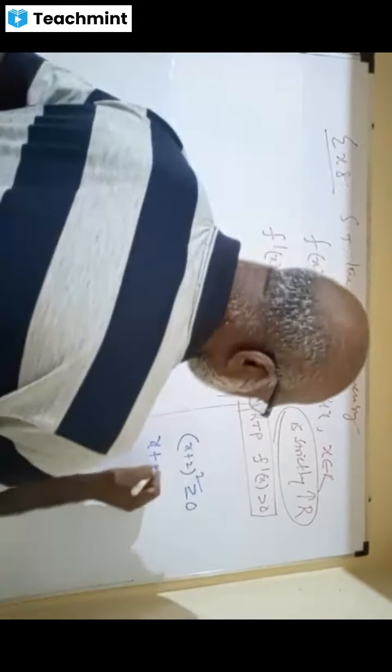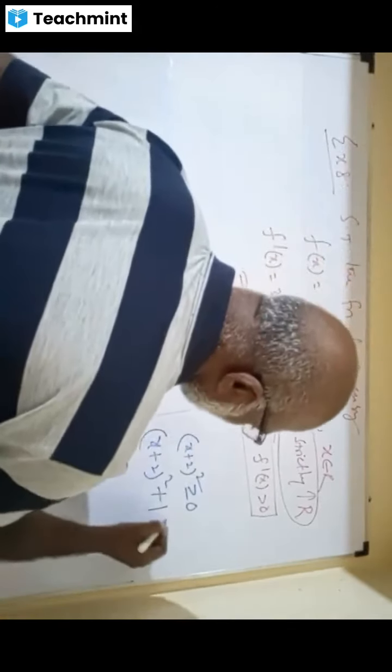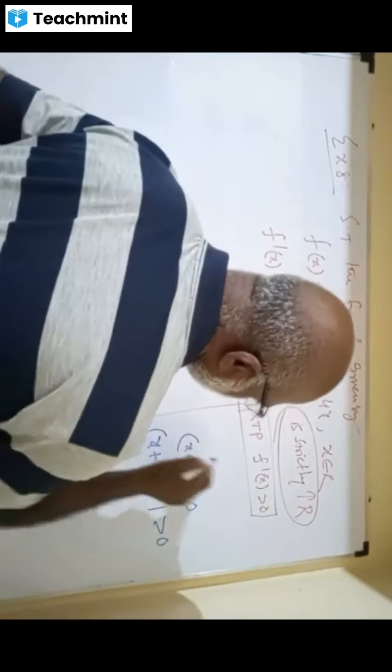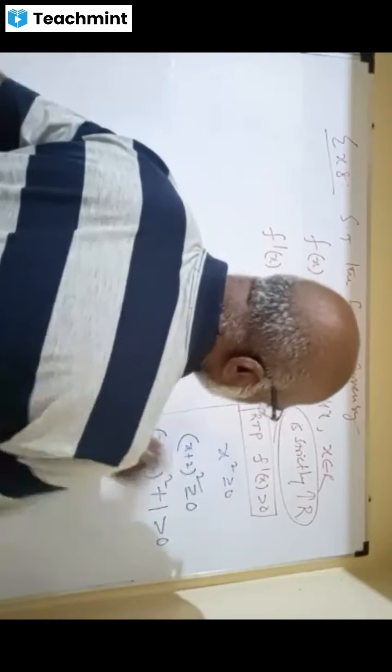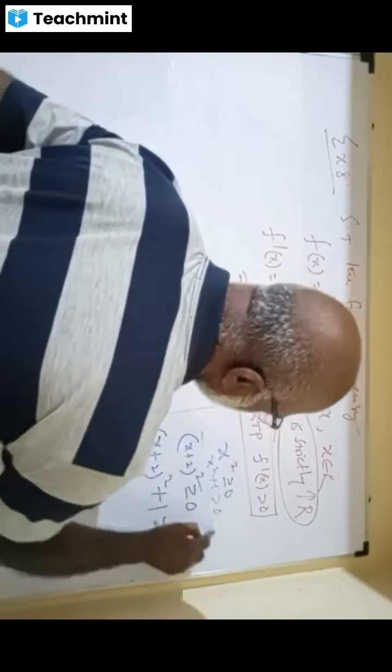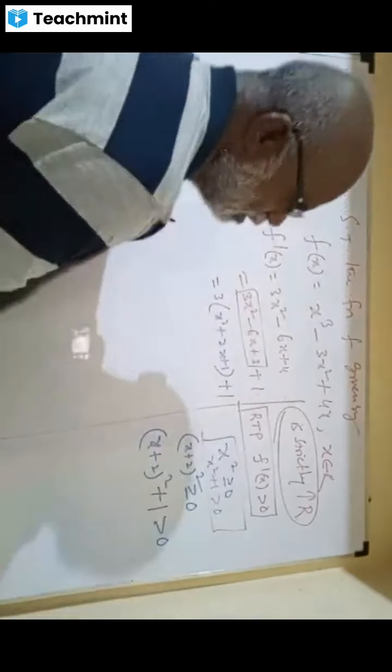If I have x plus 2 whole square plus 1, definitely it is greater than 0. Something like x square is greater than or equal to 0, and x square plus 1 is always greater than 0.